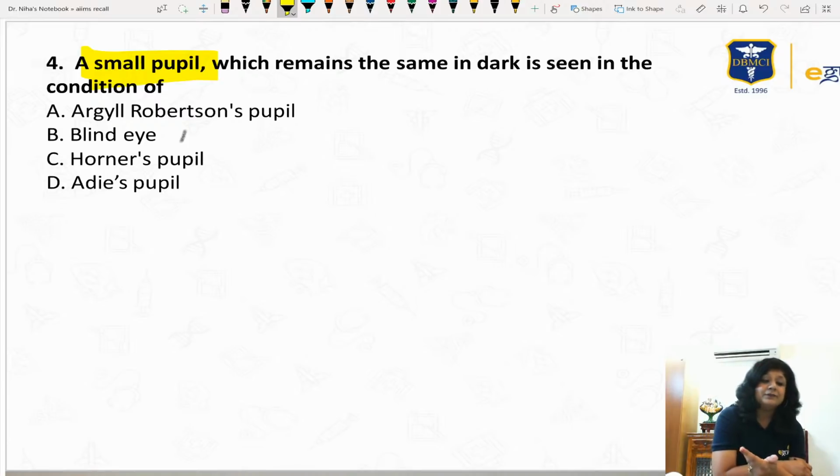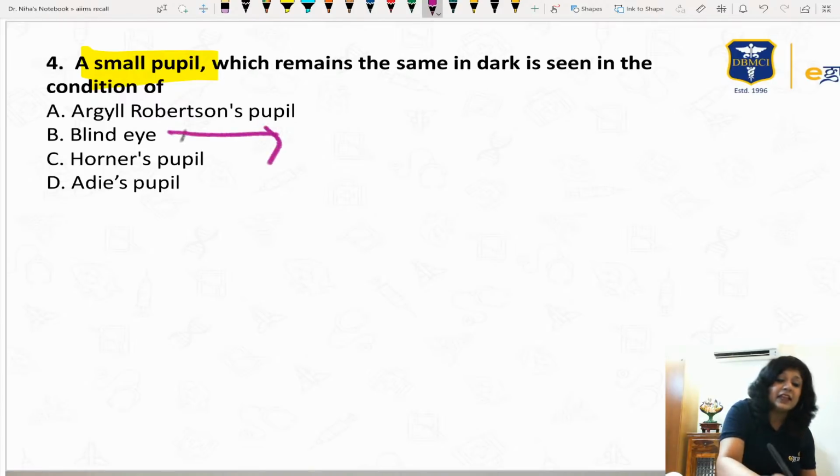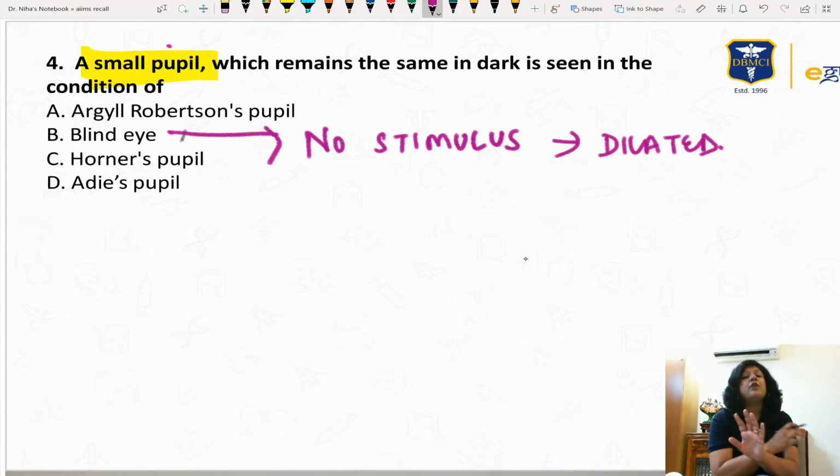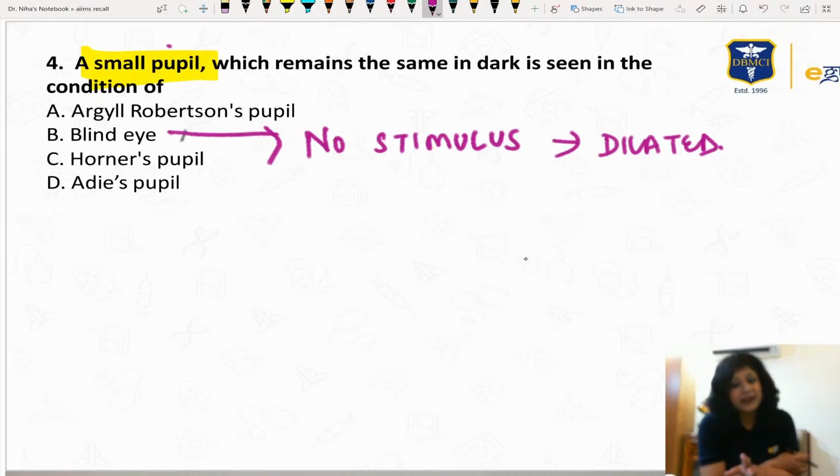Here, a blind eye means that there will be no stimulus. Because there is no stimulus, this eye will be dilated and not small. This will be a big pupil. So a small pupil will not be found in cases of a blind eye.